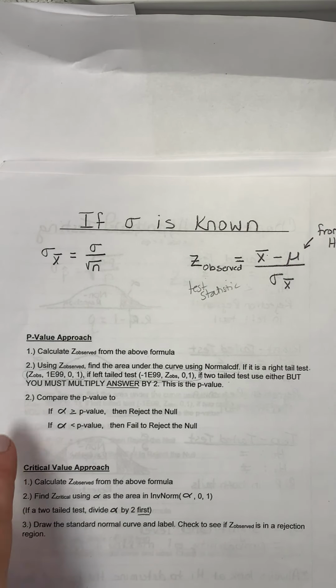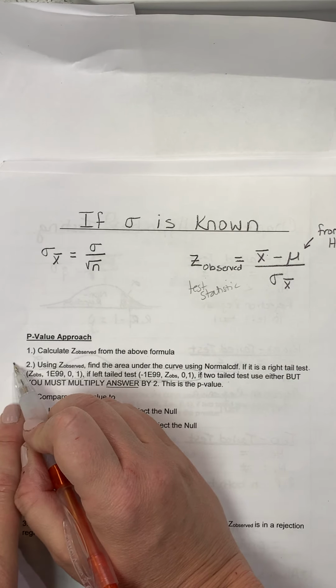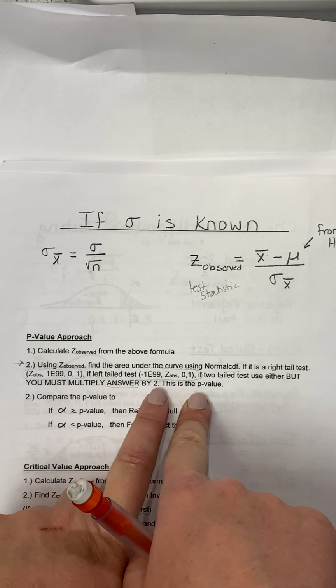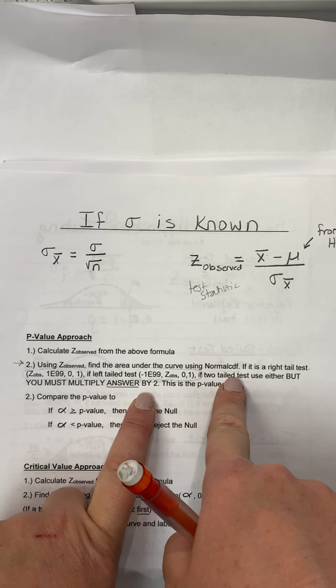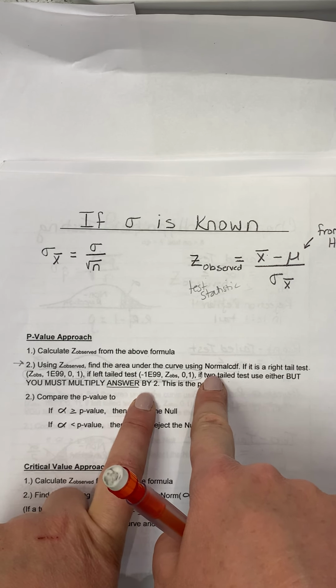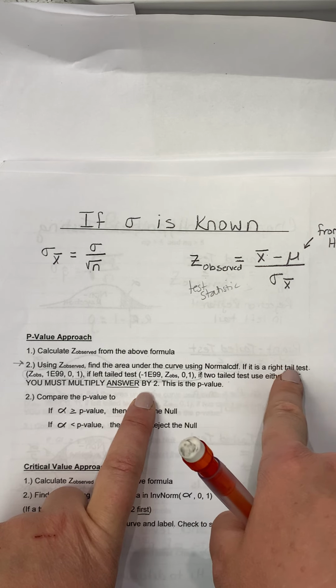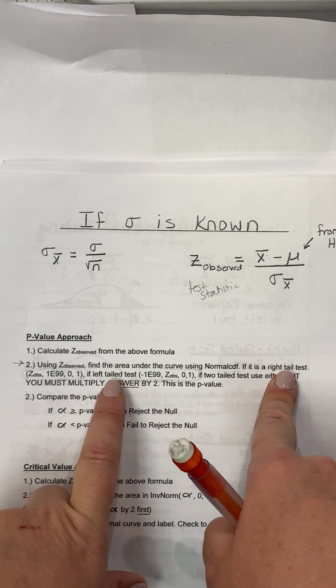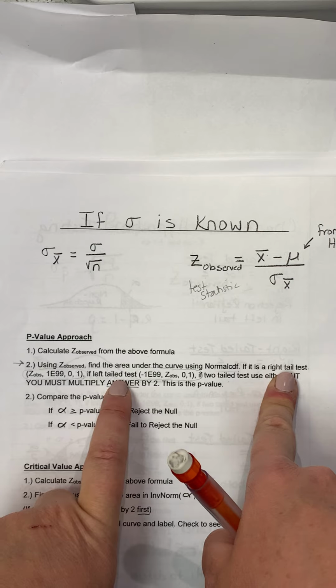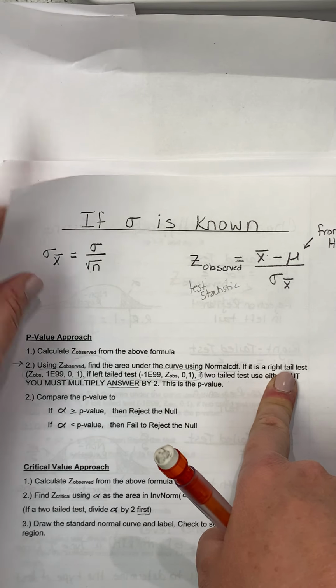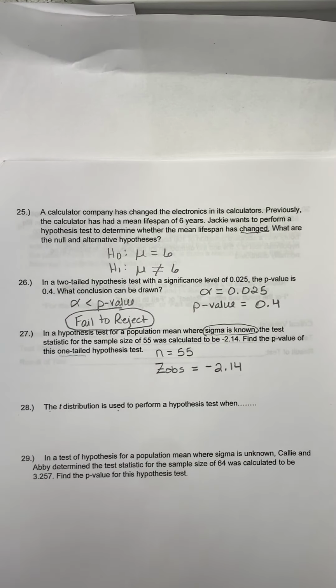All right, here's how you find the p-value. It's number 2. This is your p-value. Now, we don't have to worry about multiplying the answer by 2 because it's not a two-tailed test. So we can either use the right-tailed or the left-tailed test, because it doesn't tell us which to use, right? It just tells us sigma is known. So let's think about this a minute.